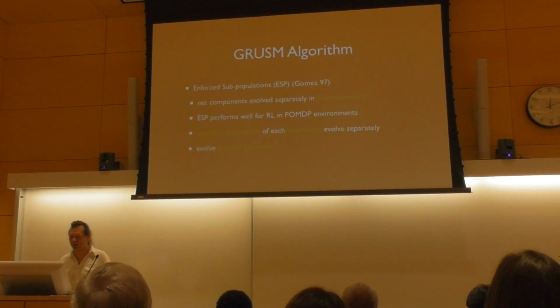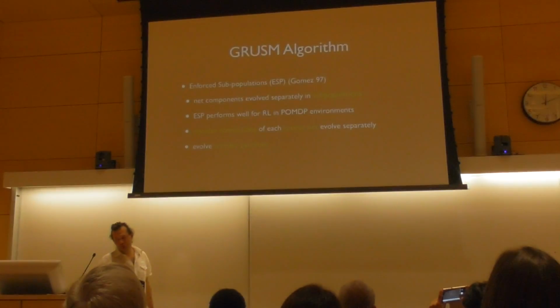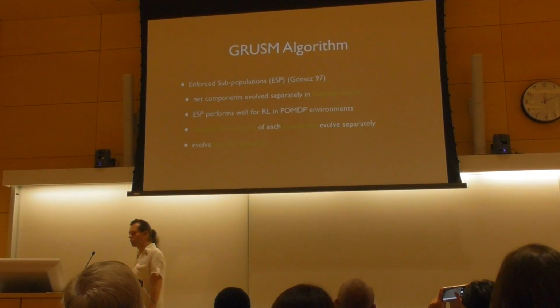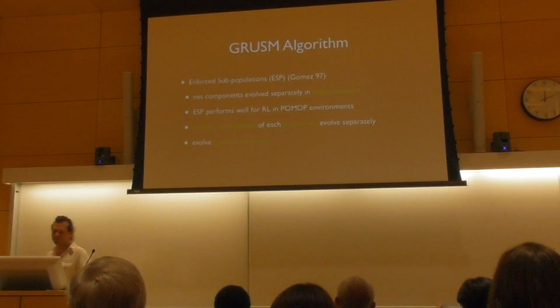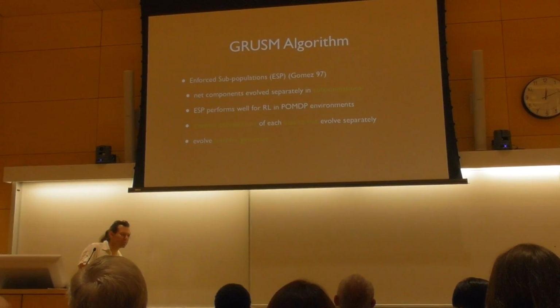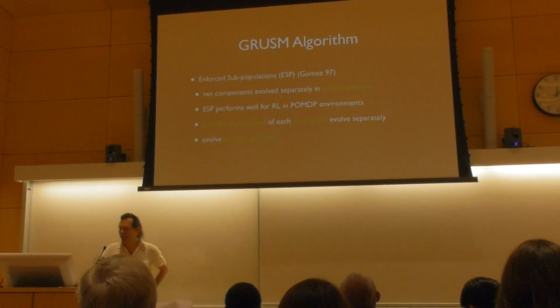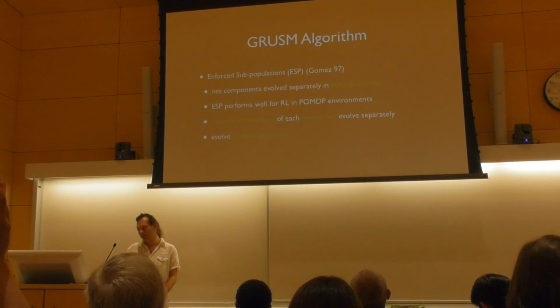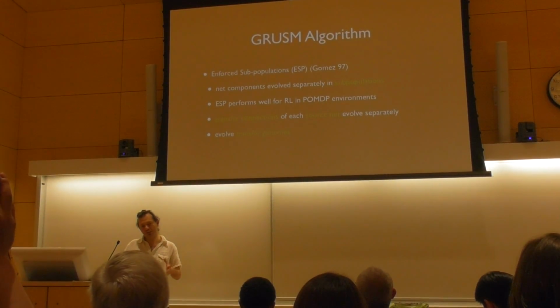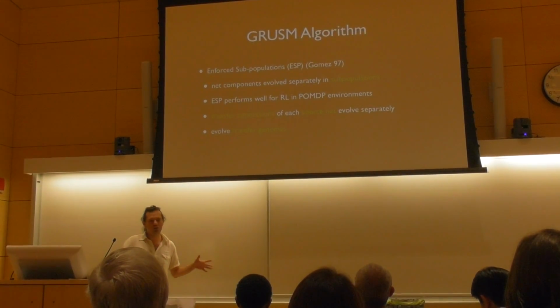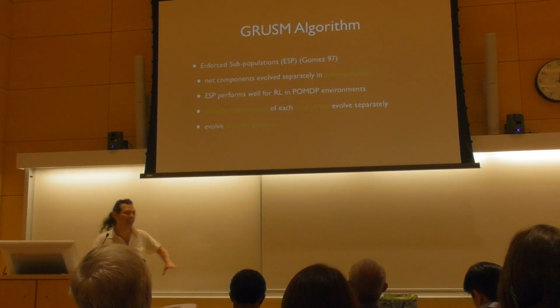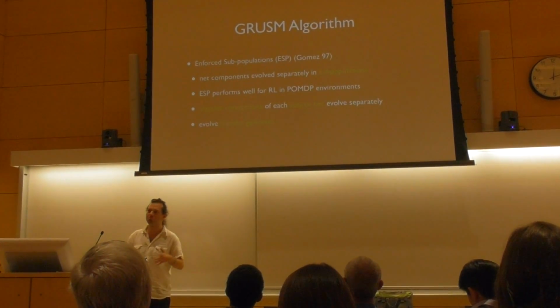Okay, so the Brusum algorithm uses the enforced subpopulations method. It's a neuroevolution approach. And the ESP algorithm evolves the network components separately in subpopulations.